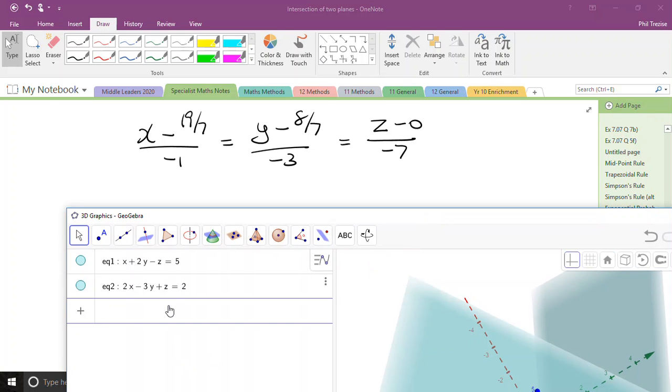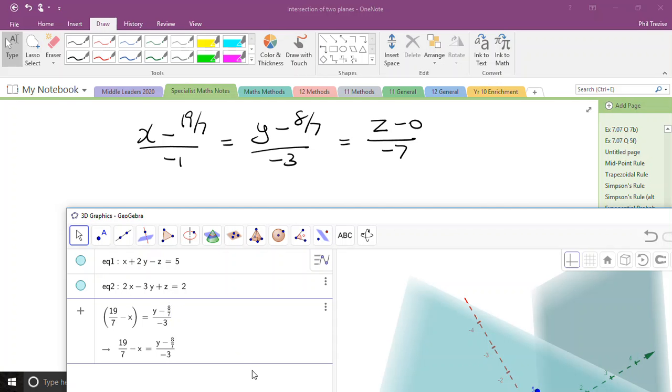So here I go. For the first one, I will put 19 over 7 subtract x, equals y minus 8 over 7 over negative 3.